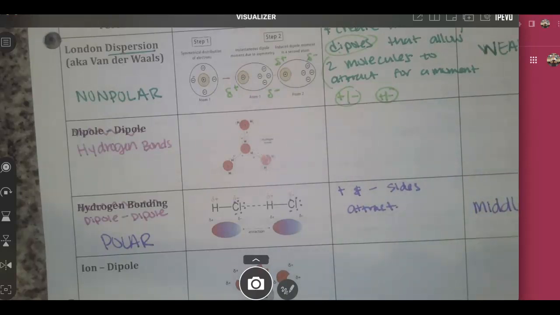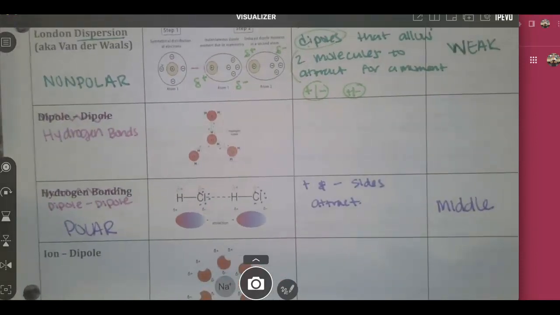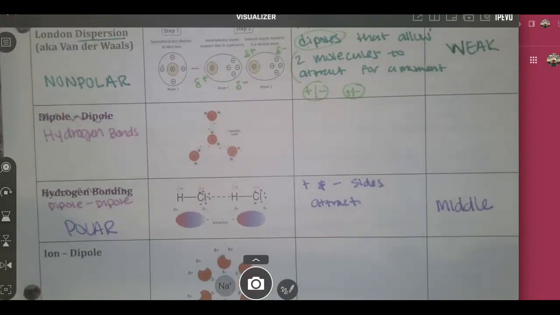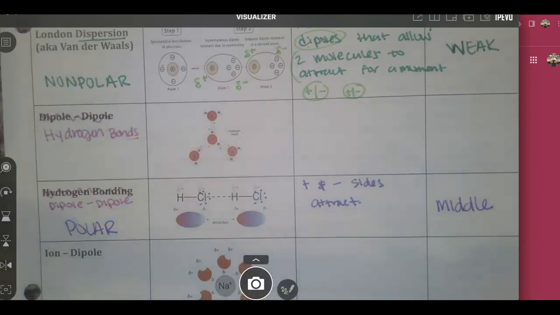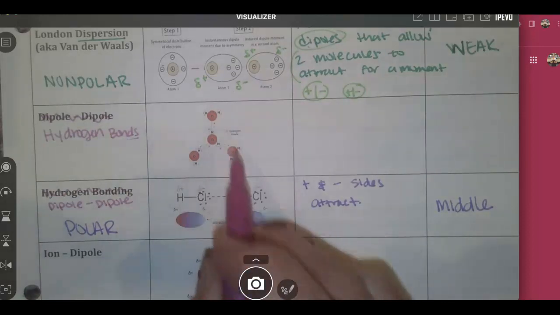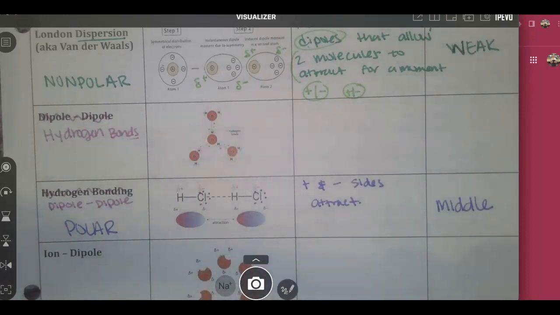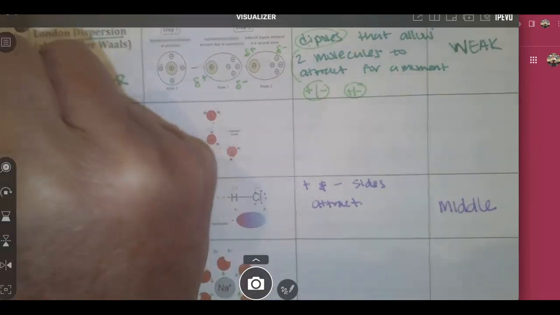And then our strongest, hopefully you can see that in the middle, our strongest version of this is the hydrogen bond. And it's tricky because the word bond is in there, but there are no bonds taking place. They're just attractions. And these attractions are just like the polar ones. They must be between polar molecules.